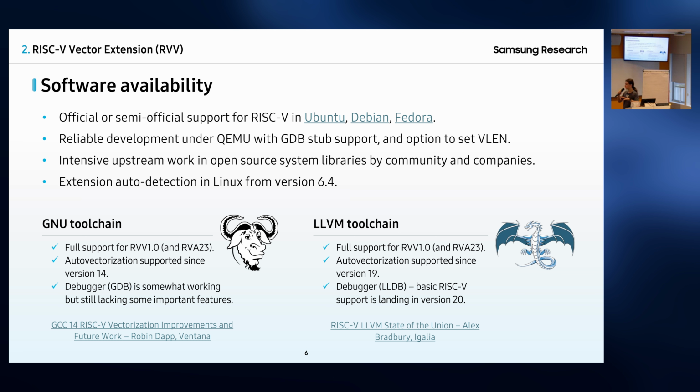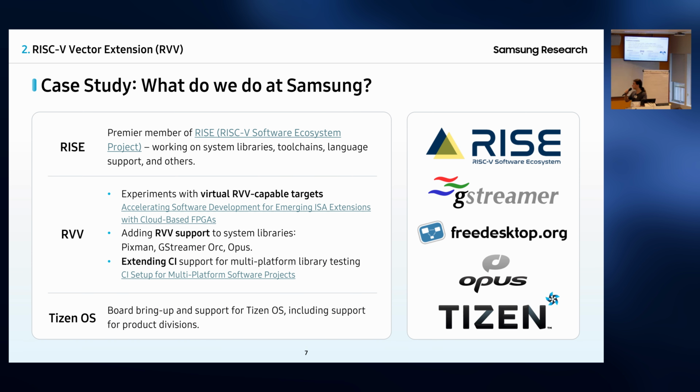They give a very nice in-depth view of how it is done, what auto-vectorization is like in compilers, and in general what the RISC-V state is in, for example, LLVM.